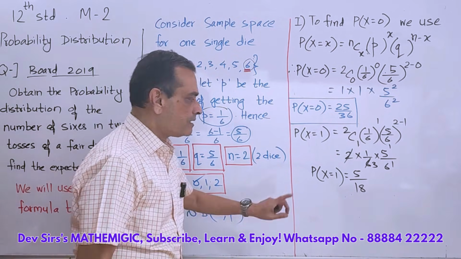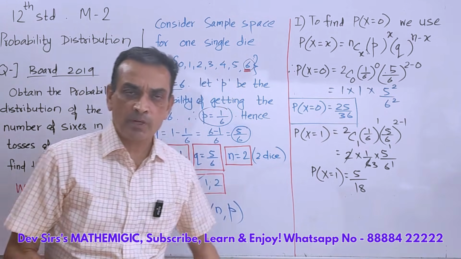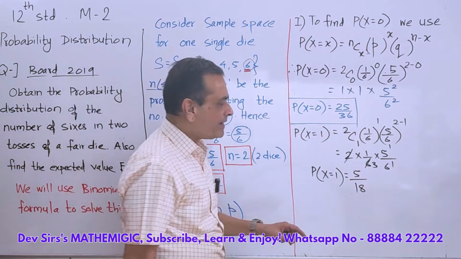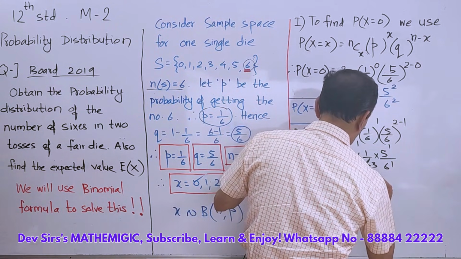Which you can write as, usually in distribution table if you keep denominator same, calculation के लिए आसान हो जाता है. Now 5 by 18, I'll just multiply this by 2.